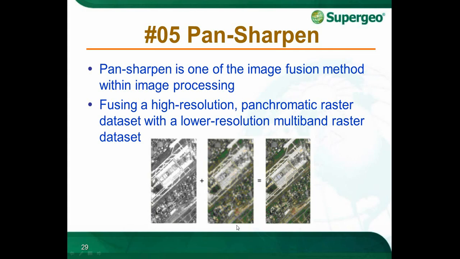And also, we have a lower resolution multi-band raster dataset, which you can see as RGB or even more bands within this image dataset, and it would be in color. And so we can fuse these two image datasets into a much higher resolution image dataset with color, with multi-band.